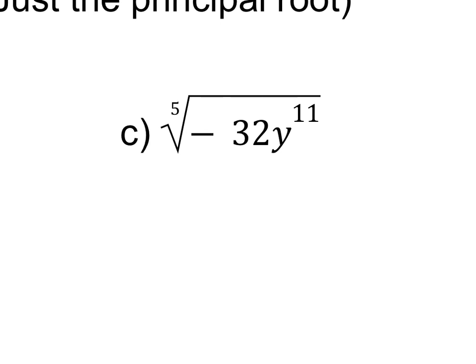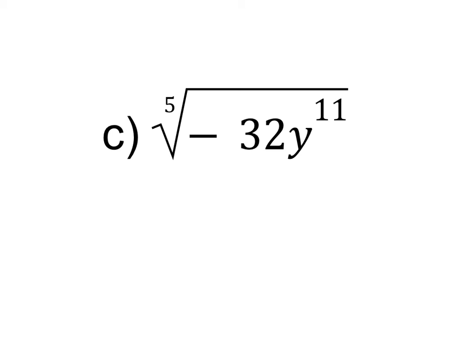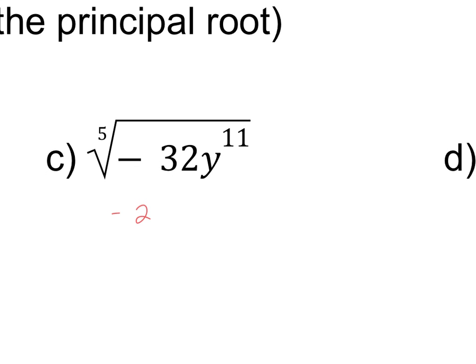All right, now a 5th root. I'm throwing a crazy one at you. It's not that crazy. So the 5th root of negative 32, well, the 4th root of 16 is 2. So if you times it by 2 one more time, it would give you negative 2. And then the 5th root of y to the 11th would be like this.